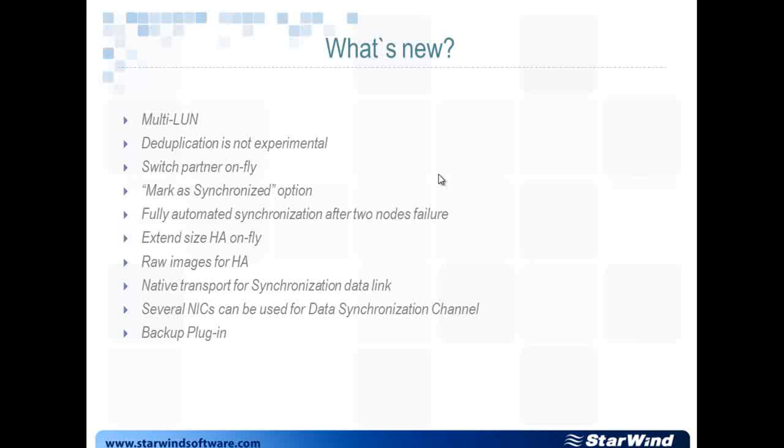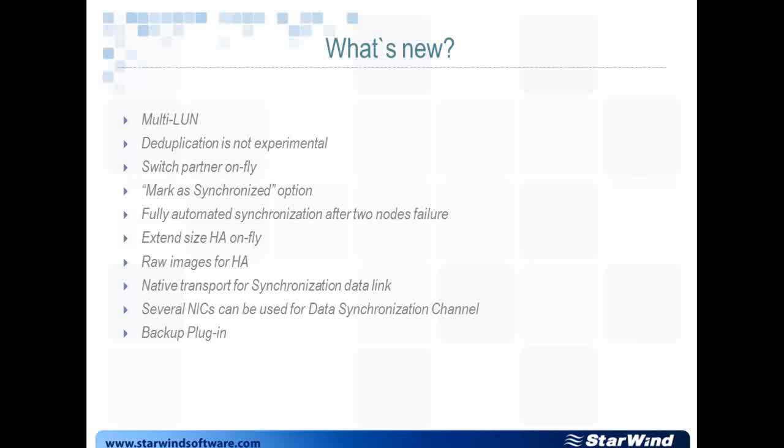All the features that you are seeing on your screen now are new, and you can also see them for another edition of StarWind, iSCSI SAN, not native SAN. But I think probably some of you don't know what they are, so we can just give the names and explain what they are.